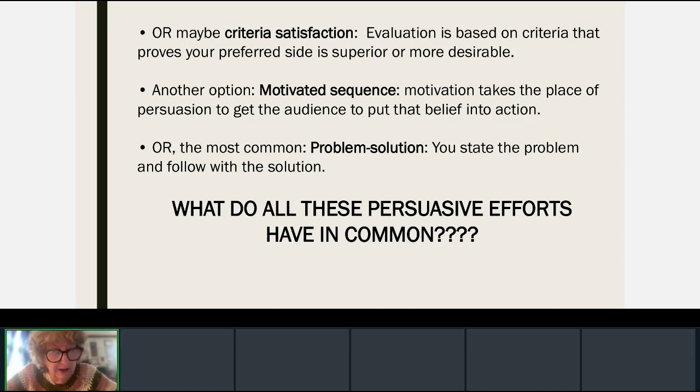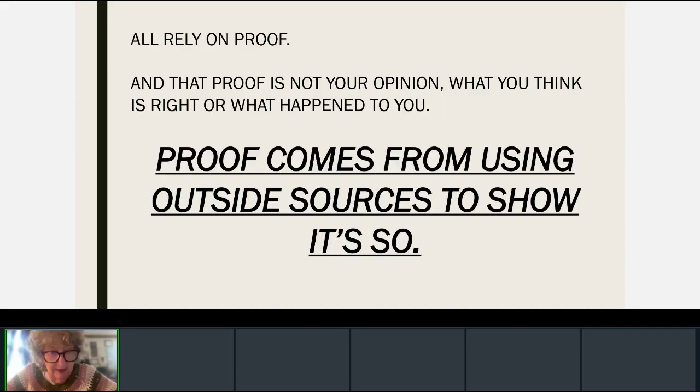Now, all of these persuasive efforts have one thing in common, and that one thing is they all rely on proof. You cannot simply say, because I said so. You have to have facts that will back up what you're saying.